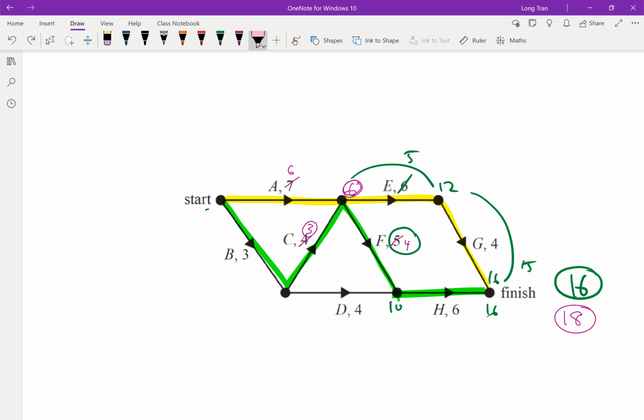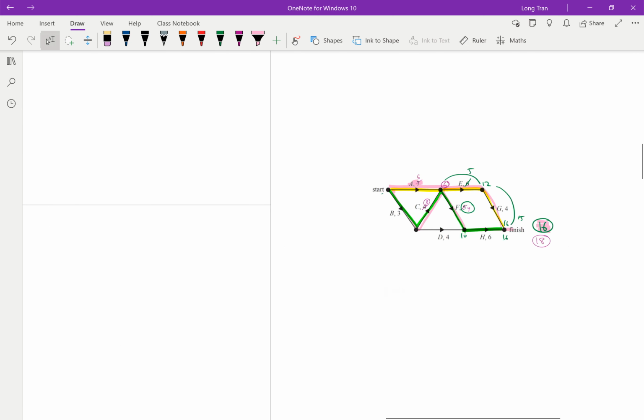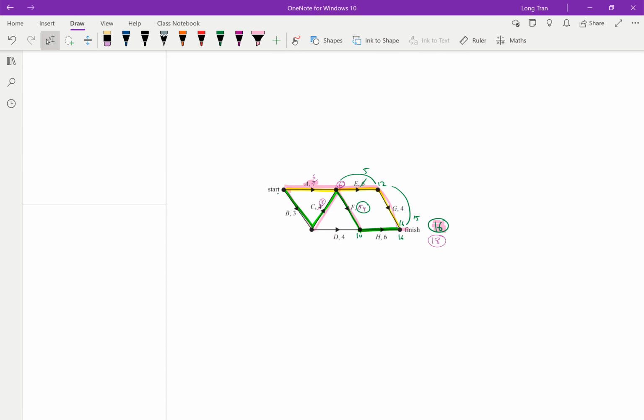The minimum that I got just now was clearly 16, and 16 was the result of all of these are your minimum value. Okay, so that's your critical path, okay, to get 16. Cool. I think I just lost track of what I was saying just now because of the color issue. But hopefully that made sense to you.